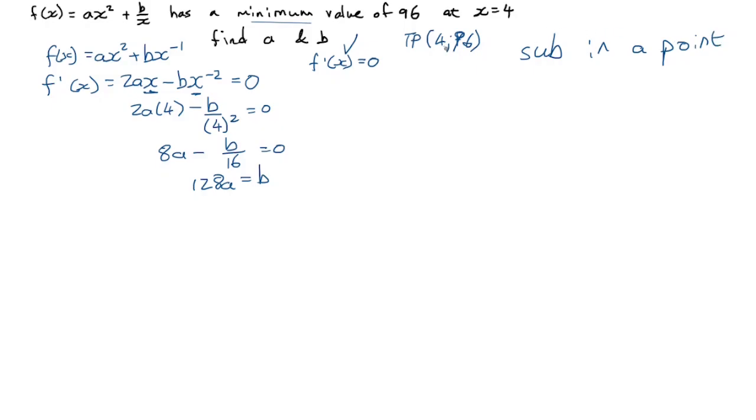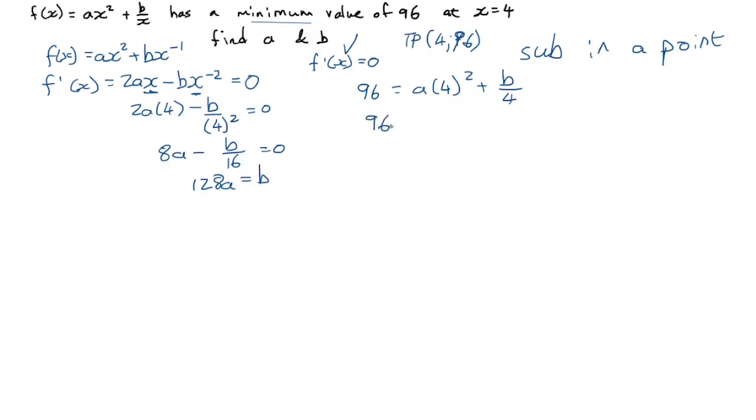I'm not too sure where the question's going, but I'm following the basic things I can see in the question. So let me sub in a point. 96 is the f(x), and the x is just 4. Then I'm going to try to get a little bit further.